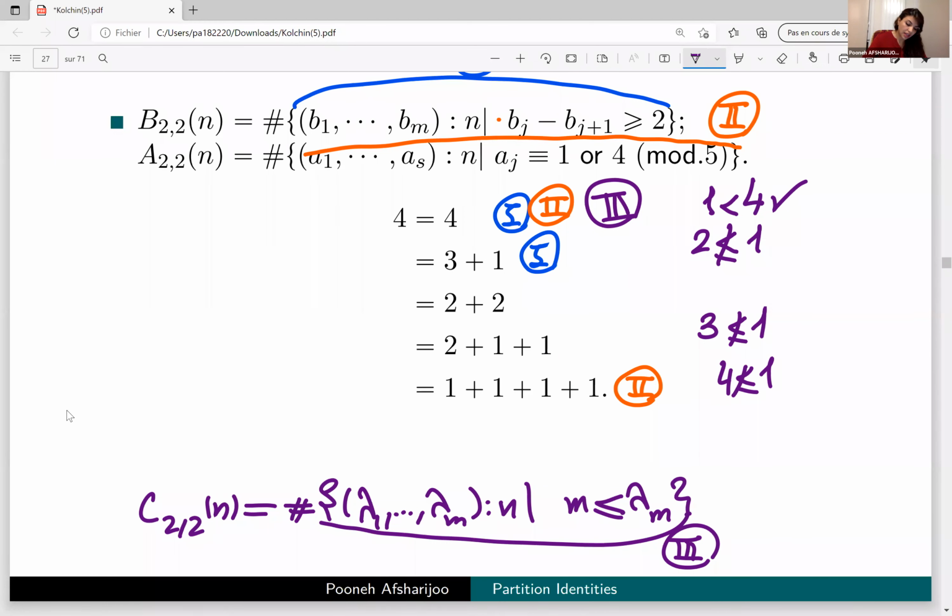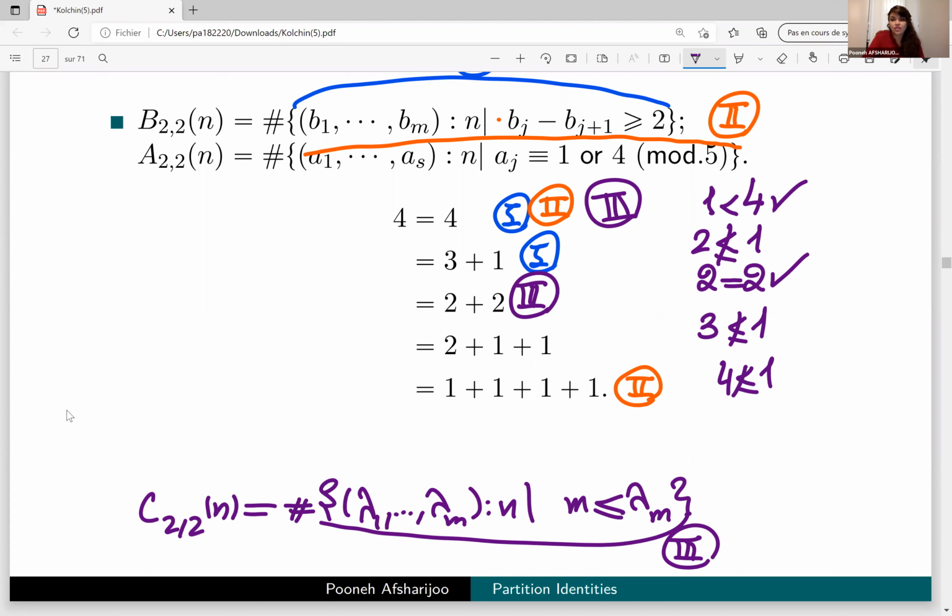But in the third one, the length and the smallest part are both equal to 2, so it is again a partition of type 3. And note that even if I fix the number of parts, the theorem will still be true between B_{2,2}(n) and C_{2,2}(n).